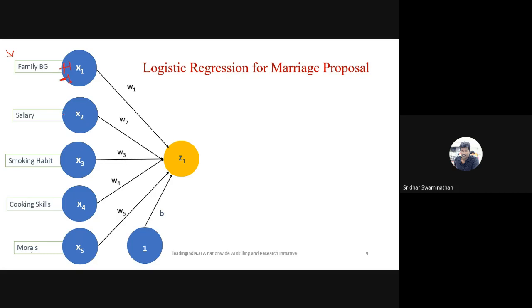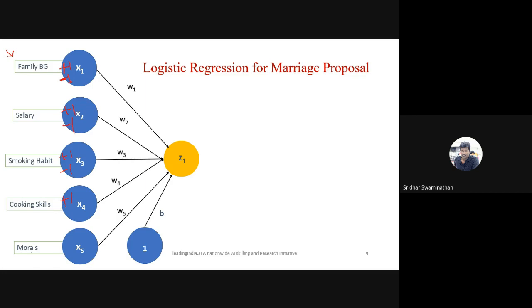Then they'll leave. Similarly, salary. +1 means she's earning a salary, a kind of giving salary type. -1 means she's taking salary: give me your salary, half of it, I'll run the home and save the rest of the money. Then smoking habit. +1 means a few packets a day, not a heavy smoker, only 2 packets. -1 means she doesn't know how to smoke or she hates smoking.